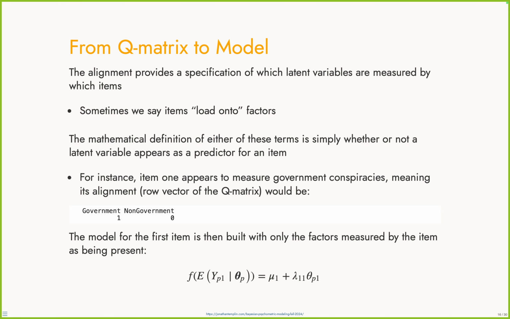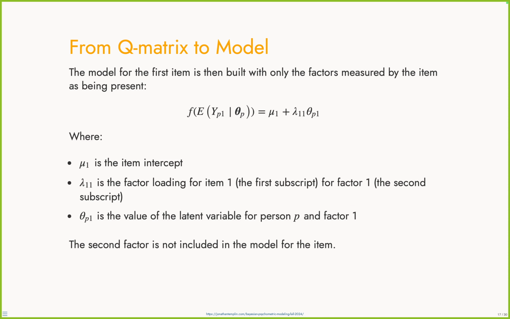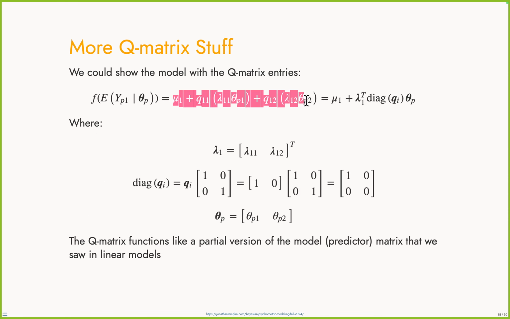This is Q12, which is a 0. This is showing what the model looks like with our Q matrix involved, right? We set the value of Q11. That's our design. So we give it a 1, and this loading times latent variable shows up on our model equation.